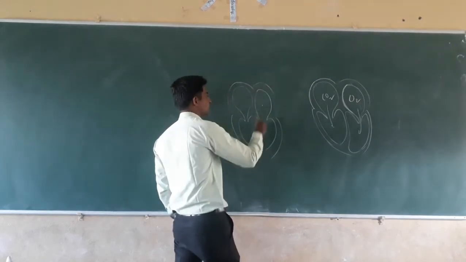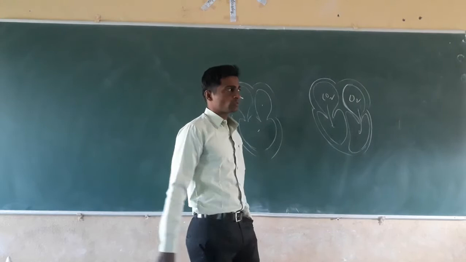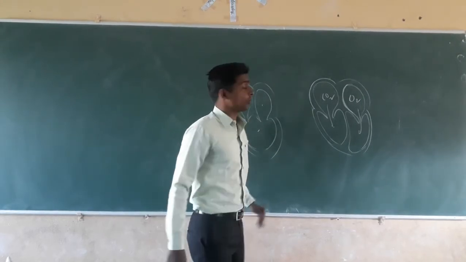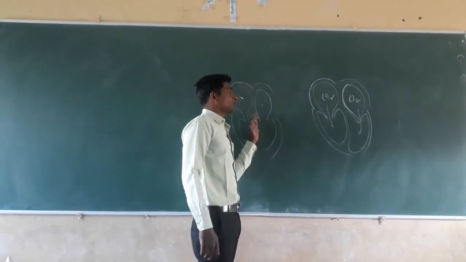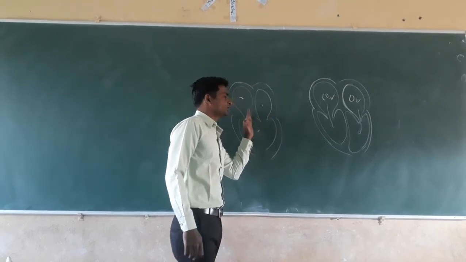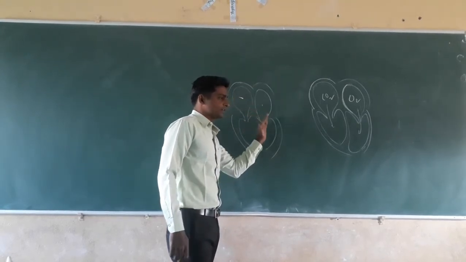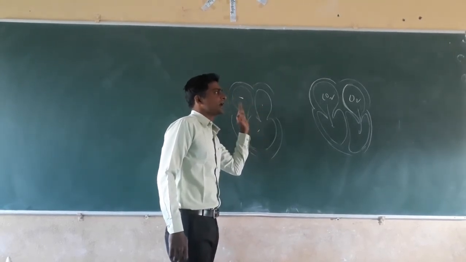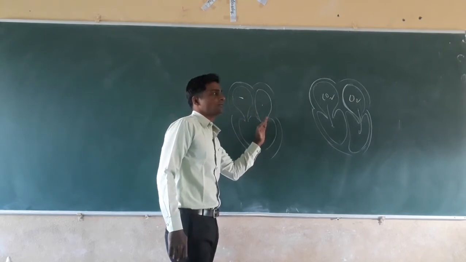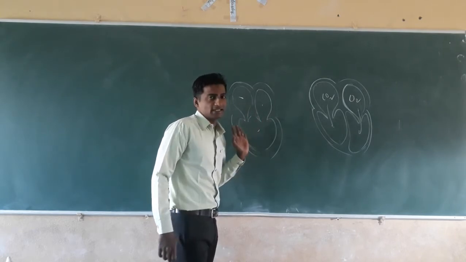Three-chambered heart: 1, 2, 3. Here the mixing of oxygenated and deoxygenated blood is going on in the three-chambered heart.